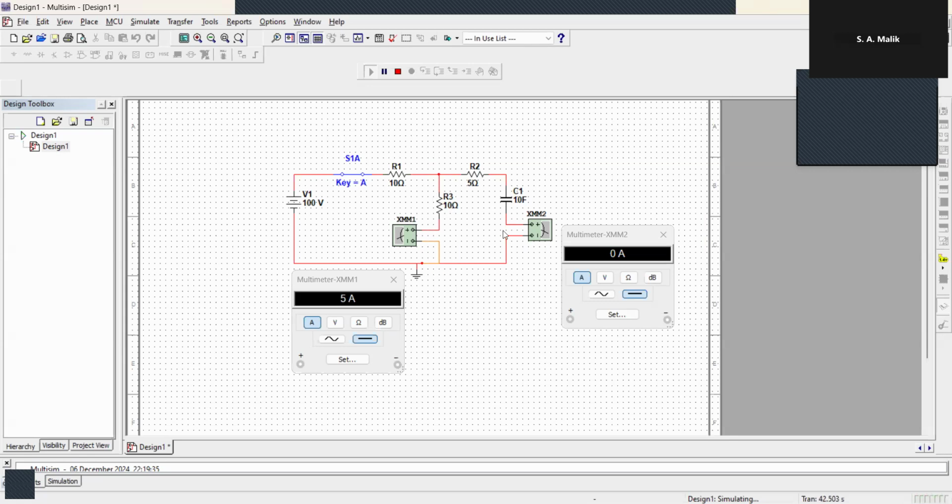Because I have connected the plus terminal on this side, the capacitor current should reverse its polarity. As I open this, you can see the capacitor current is negative, and the two currents are equal in magnitude. Only the capacitor current has reversed its direction.